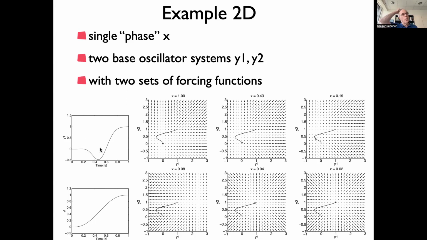So why this fancy way of doing it? Why not creating directly a velocity profile for your planning variable that matches the template that you have learned? And the reason for that is generalization. That is, what you want is that in the end, you end up in a position here that you don't have a template for.